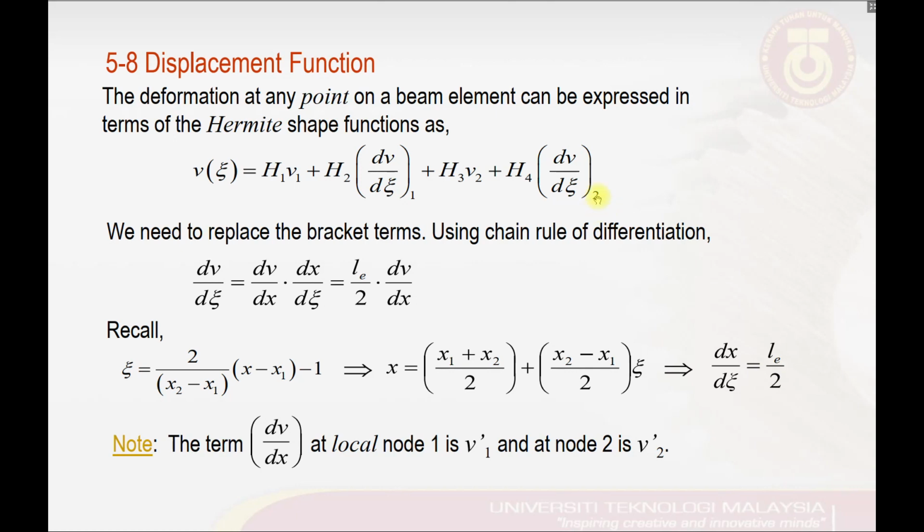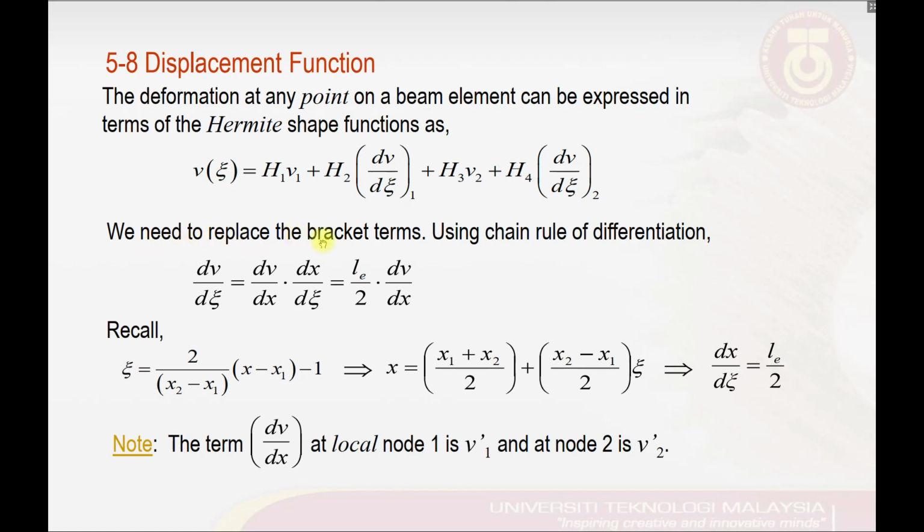As we look closely at this equation, in order to determine what is happening between the two nodal points, we have to supply the calculated translations and rotations at node number 1, and also the translations and rotations at node number 2 in these equations. So what is dv over dz?